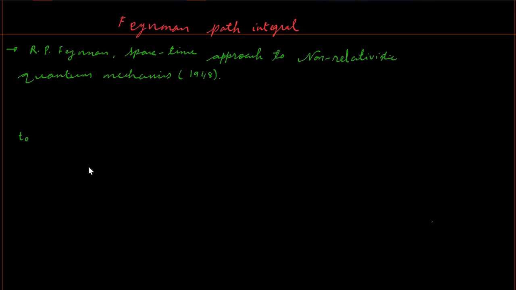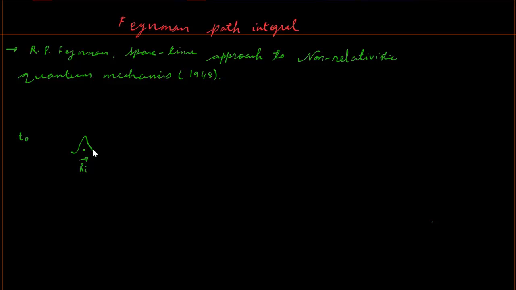Let's say this initial point is R_i, and as you know, a quantum mechanical particle is equivalent to a wave packet, so we represent it by this symbol. So this is the initial position R_i, and within this region, initially at time t0, the quantum mechanical particle is localized.